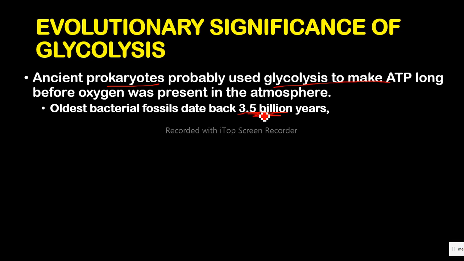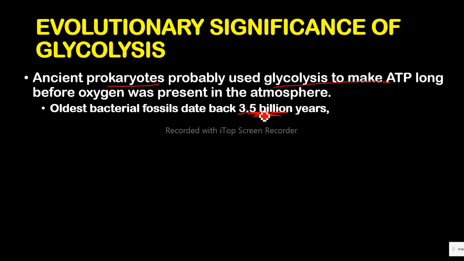Okay? So as a result, these ancient bacteria, which were the first to evolve in an environment where no oxygen was there, probably depended only on glycolysis to produce their energy. Because glycolysis just occurs in the cytoplasm, so it doesn't need oxygen to occur.